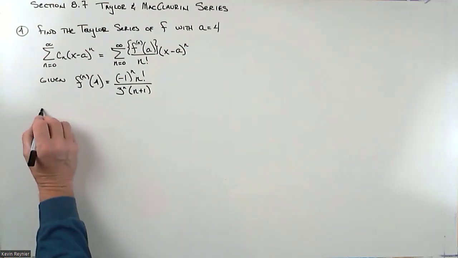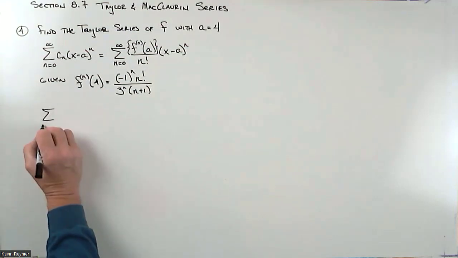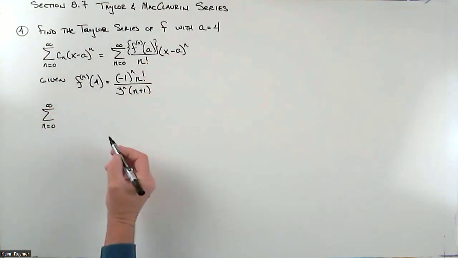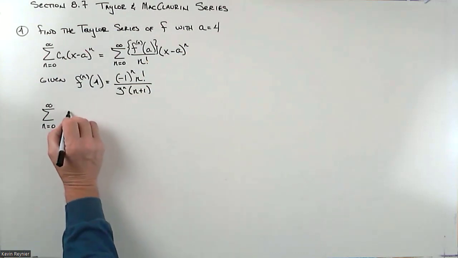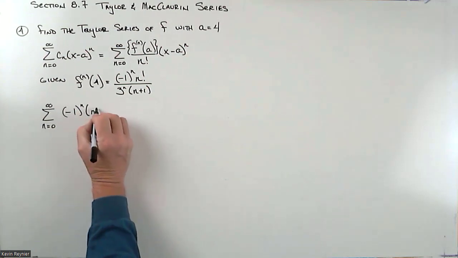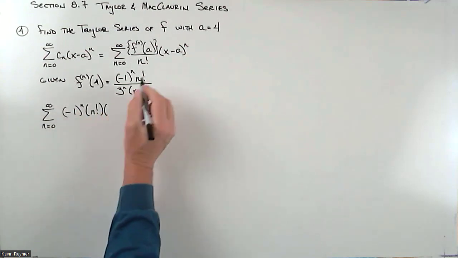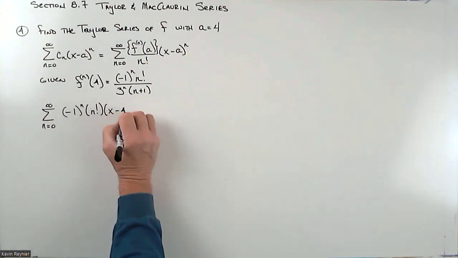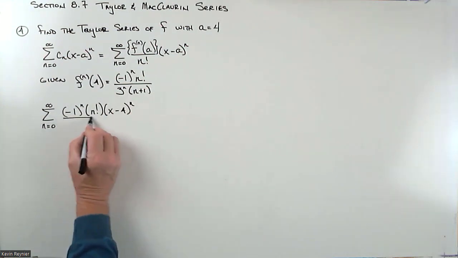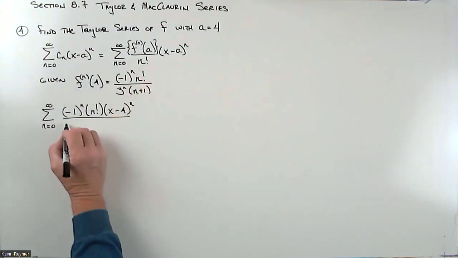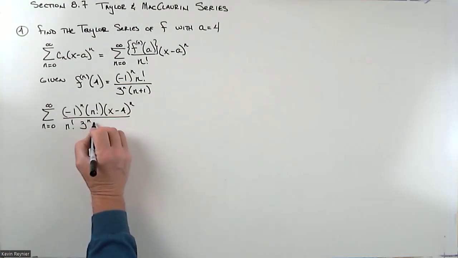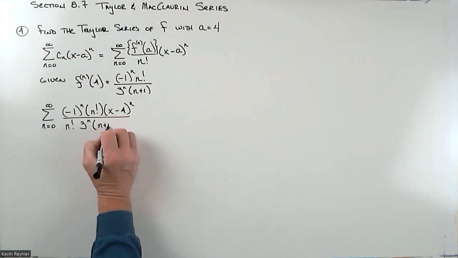So our Taylor series then for question number 4 turns out to be sigma n equals 0 to infinity. This all goes here. So we have -1 to the n. We have n factorial as a factor. We have x minus 4 to the n as a factor. And our denominator is going to include the denominator from here, n factorial, and then our denominators that we're given here, 3 to the n and n plus 1.